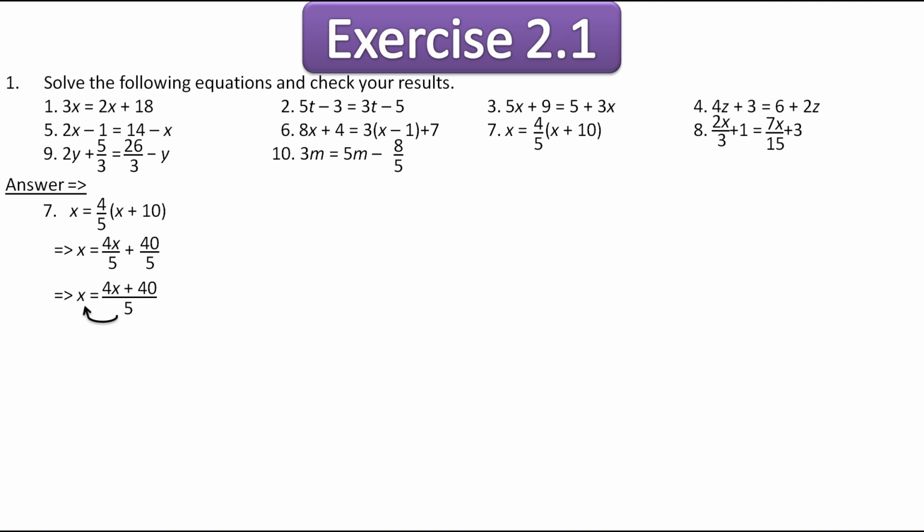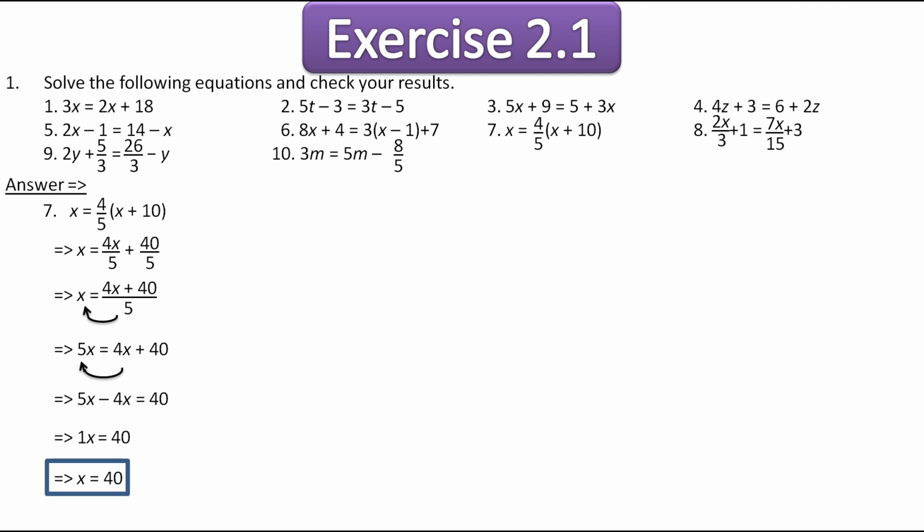So here it is x, so it will become 5x is equal to 4x plus 40. Now we have to send this 4x towards the left hand side. So 5x minus 4x is equal to 40. And we all know that 5x minus 4x is 1x, that means x is equal to 40. Okay. So we got the value of x is 40.